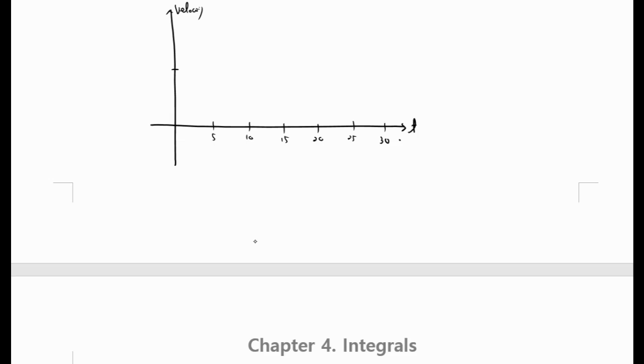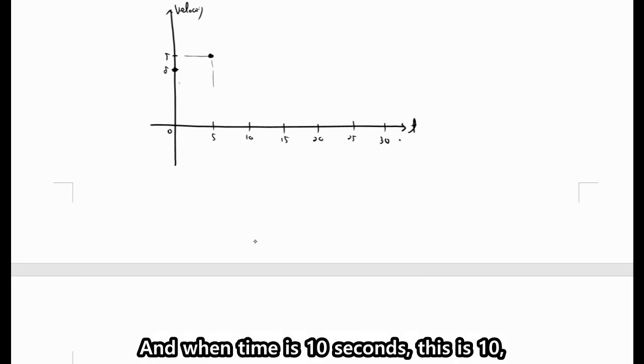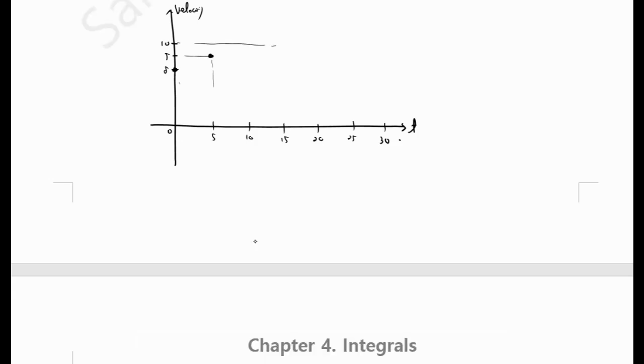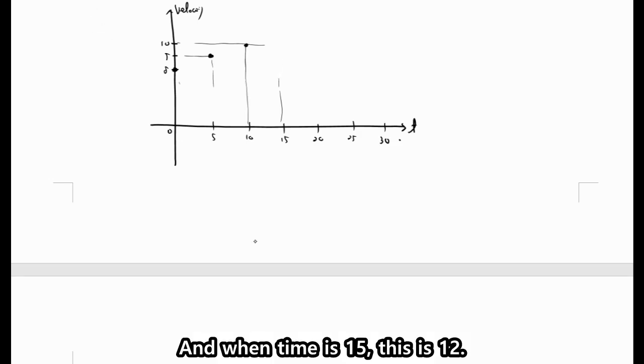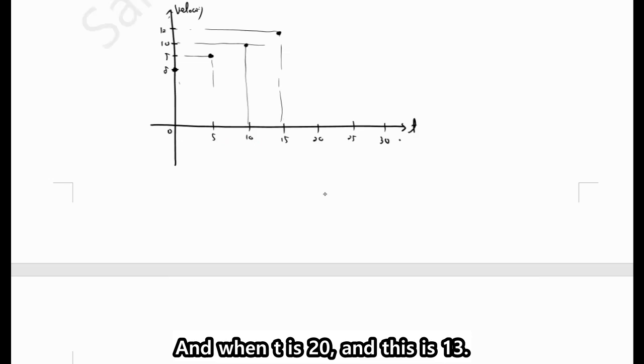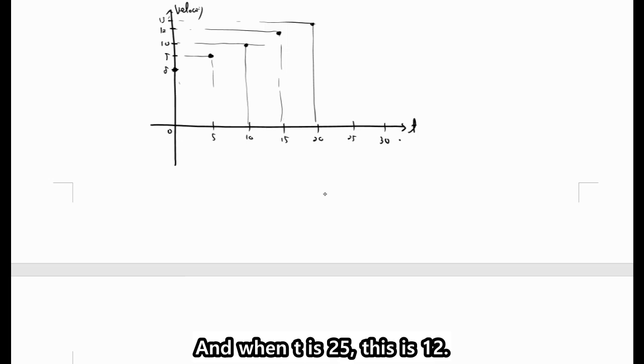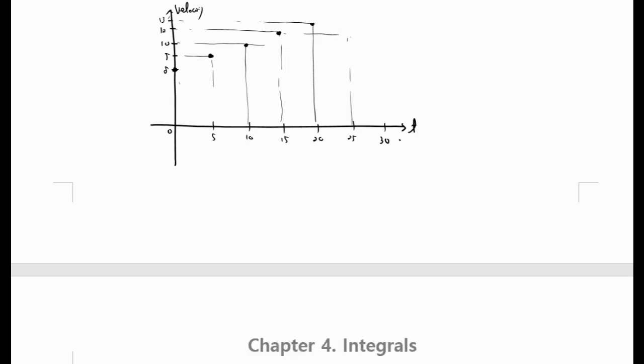When t is 0 the velocity is 8, then 9. When time is 10 seconds, it is 10. When time is 15, it is 12. When t is 20, this is 13. When t is 25, this is 12, and this is 11.